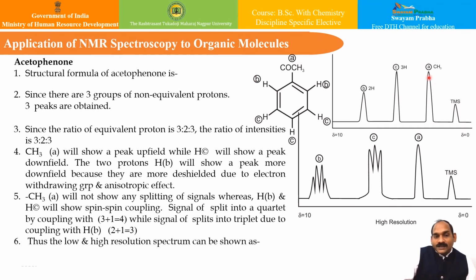This CH3 will not show any splitting of signals, whereas this B kind and C kind, since they are adjacent to each other within 3 bonds, are going to split. The B kind of environment protons will split into a quartet because of the presence of these 3 hydrogens, and the peak of the C environment proton will split into a triplet because of the 2 protons adjacent to it. Therefore the low resolution spectra of acetophenone is shown like this, and the high resolution spectra is shown like this.